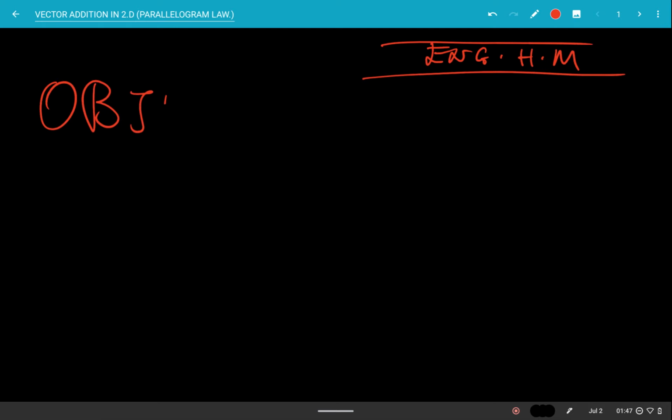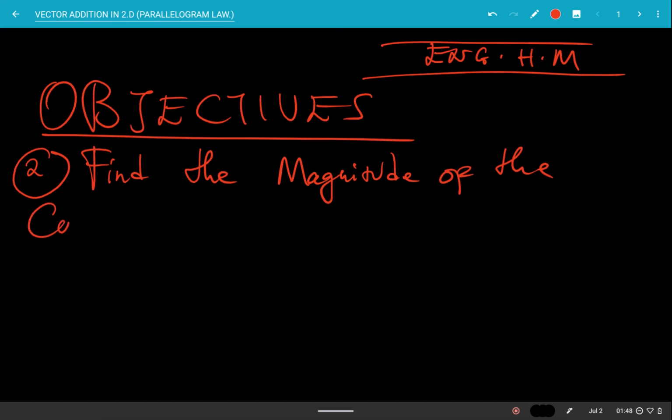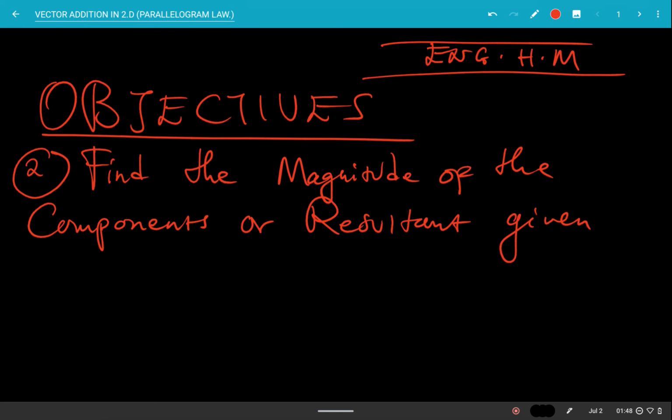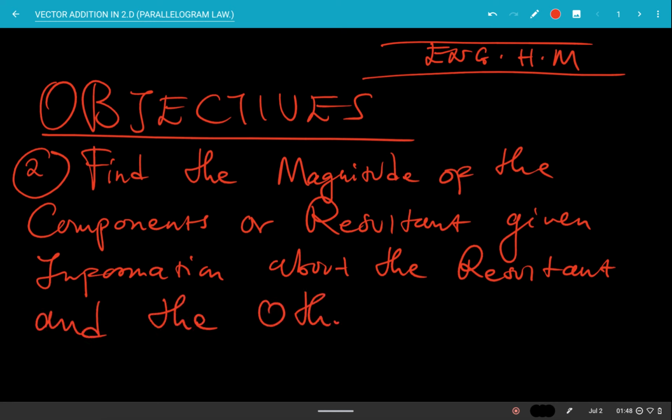Alright, so the next objective, which is objective 2, is learning how to find the magnitude of the component, or sometimes even the resultant or both, given information about the resultant and the other component.